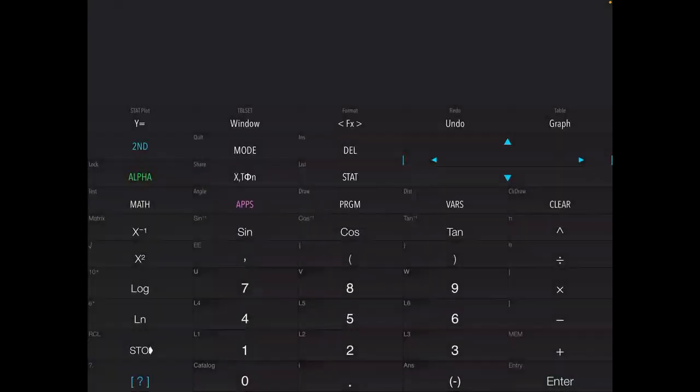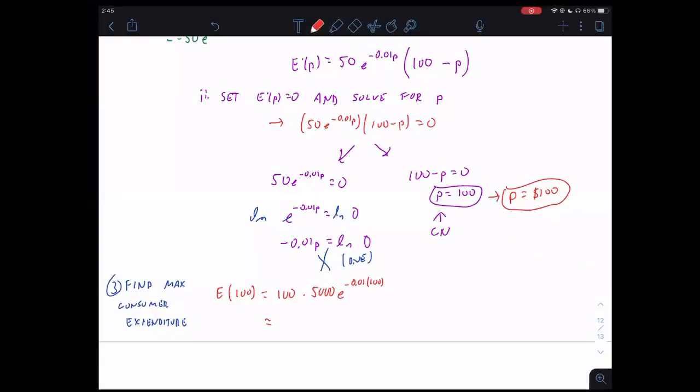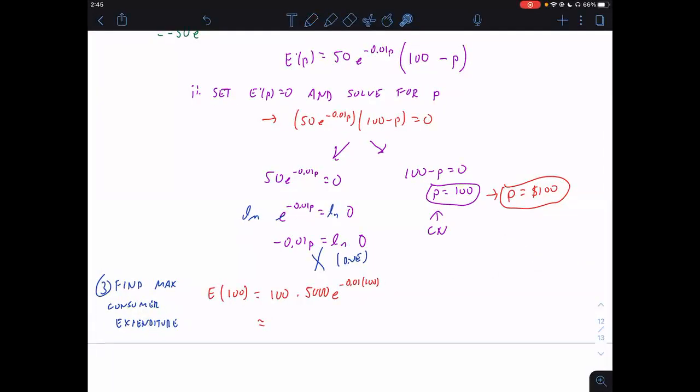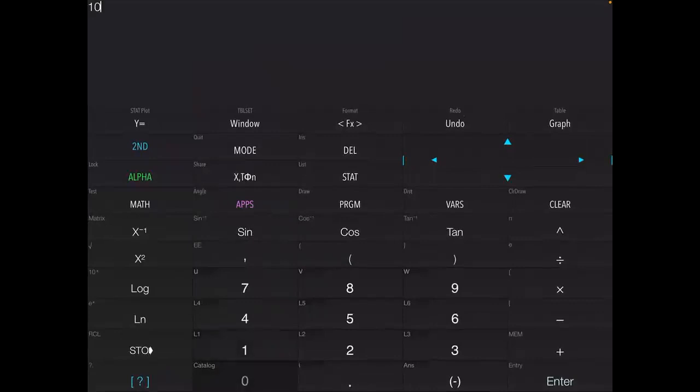To find the actual maximum value of this consumer expenditure, we take the critical number and plug it back into the original function E of P. So 100 times 5,000 times e to the negative 0.01 times 100. I'm going to take 100 times 5,000, second ln for e, and then for the exponent, don't forget the negative sign.